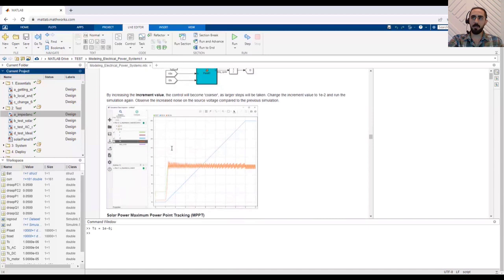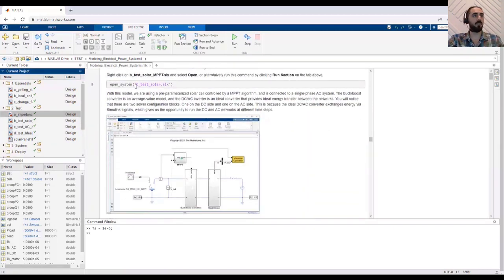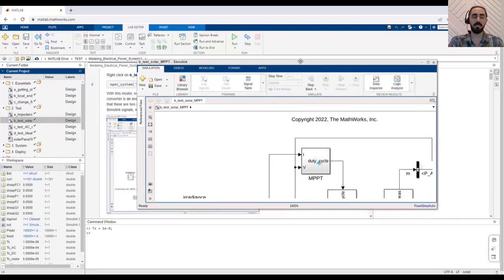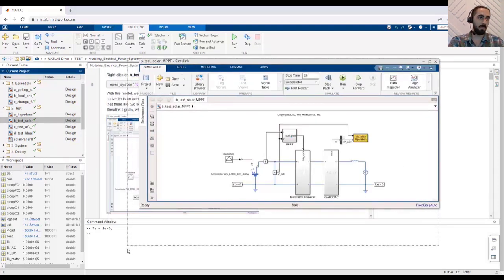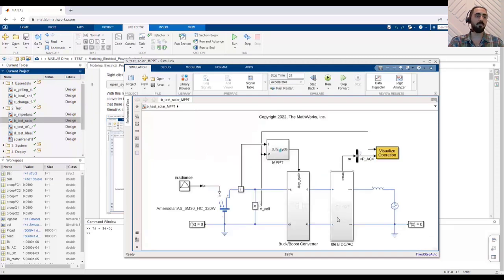The next example, which I said is a real life example of impedance matching, is maximum power point tracking of a solar panel instead of having a fixed voltage source. So in a real world application, we have a detailed PV solar cell, which you can see in here.